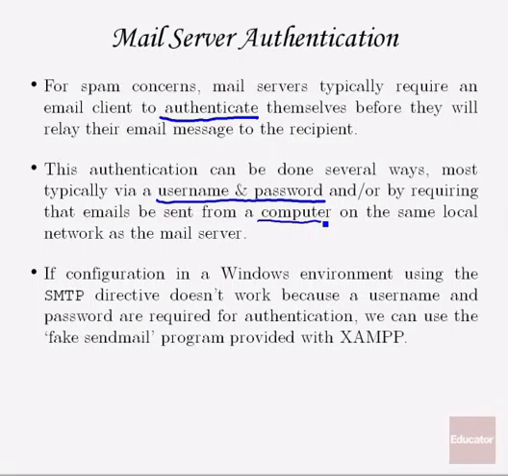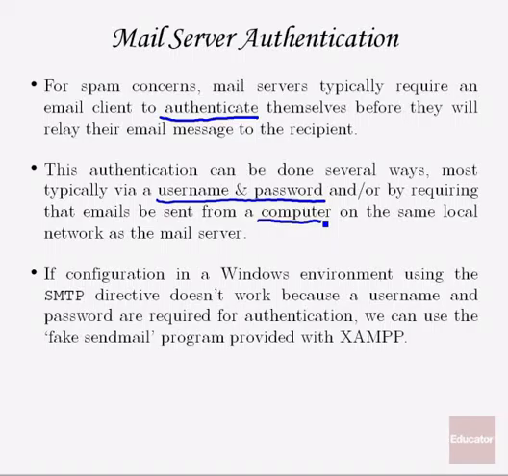So for example, if you have a cable internet service, you have to actually be logged onto your computer at home that's accessing the internet through your cable modem in order to use your local SMTP server. If you try to access it elsewhere, it may not authenticate you.